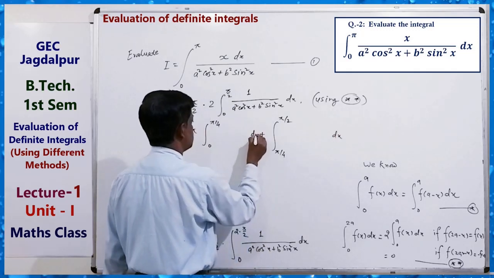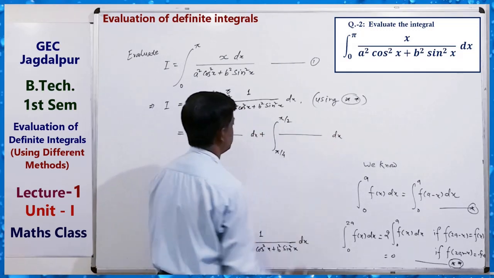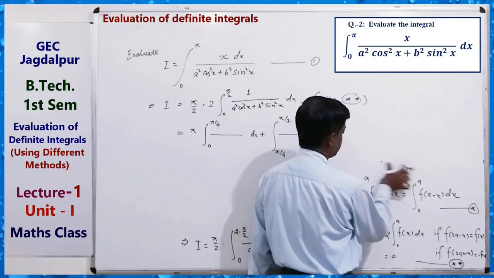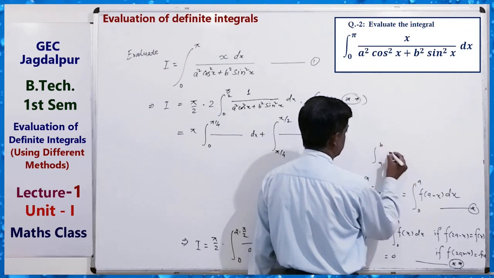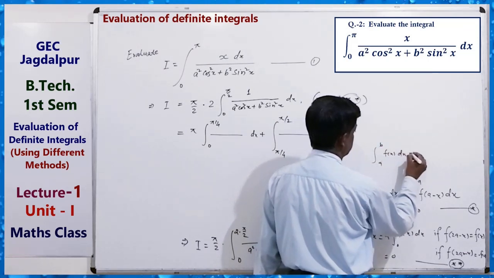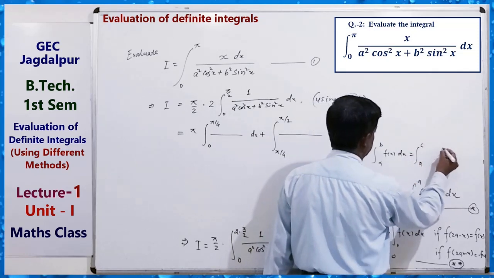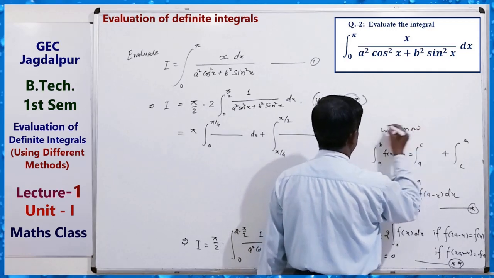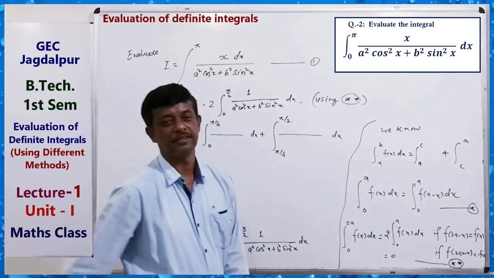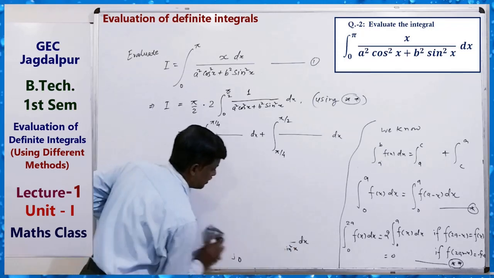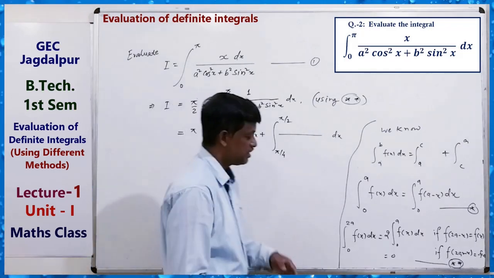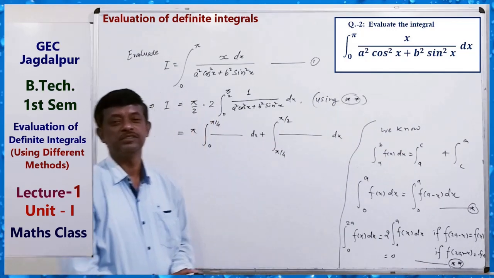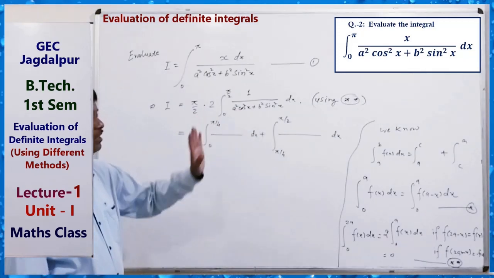Just break this integration, because using the rule: integral A to B of f(x) dx equals A to C plus C to B. Is this clear? This division is required because for getting values it will give an easy process.